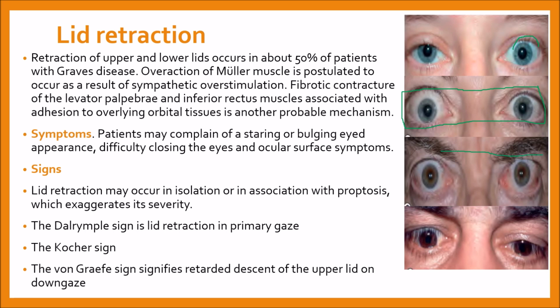It can be seen in this figure, explaining the Kocher sign. And then in the end is the von Graefe sign, signifying retarded descent of the upper lid on down gaze. We can see that more prominently in the right eye.